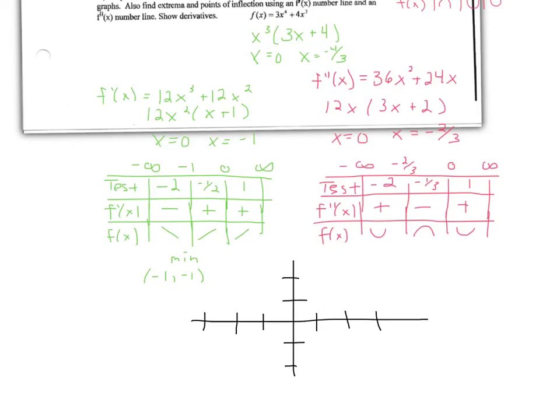So I have x-intercepts at 0 and -4/3. And I have a minimum at -1, -1. And I have POIs at 0 and at -2/3.